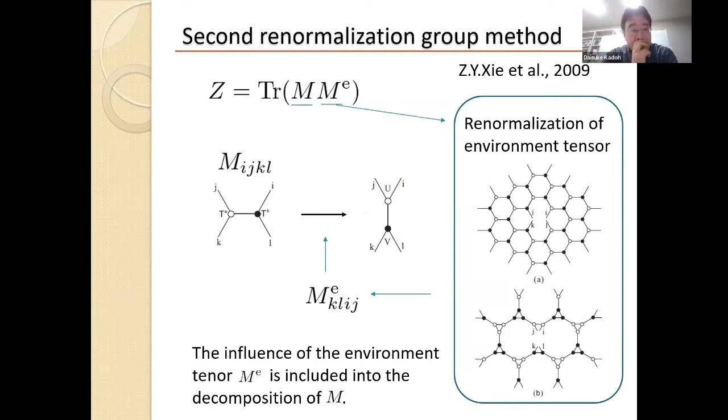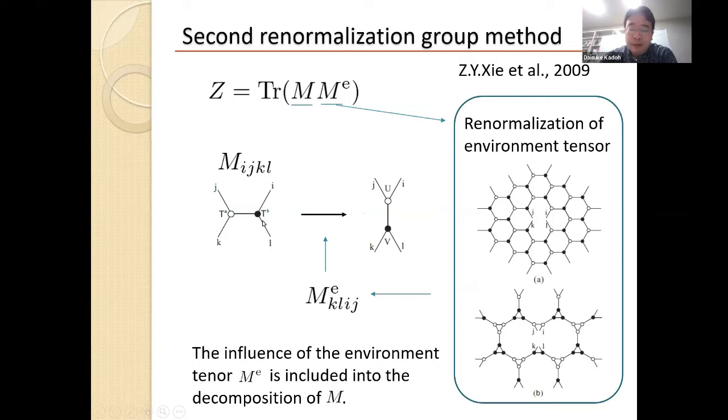On the honeycomb lattice, the tensor is a rank 3 tensor. So this M is made of two rank 3 tensors, and in the TRG on honeycomb lattice, this M is decomposed into two rank 3 tensors. The TRG for honeycomb lattice tensor network is formulated by repeating this decomposition again and again.